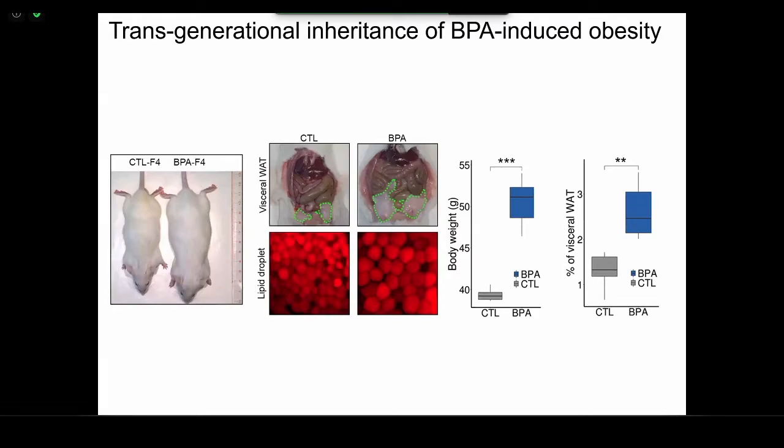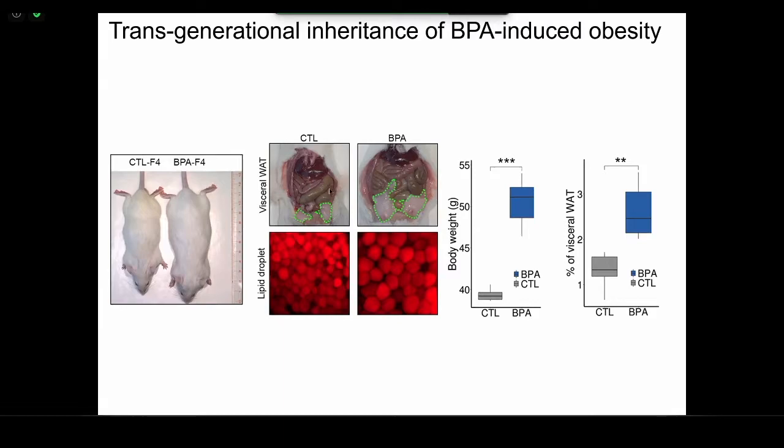Now, let me tell you a few things about the phenotype that I think are important later on in interpreting the results that I'm going to show you. So the mice, when I say they are obese, they are actually larger in terms of size. The skeleton is bigger, the muscles are also bigger.